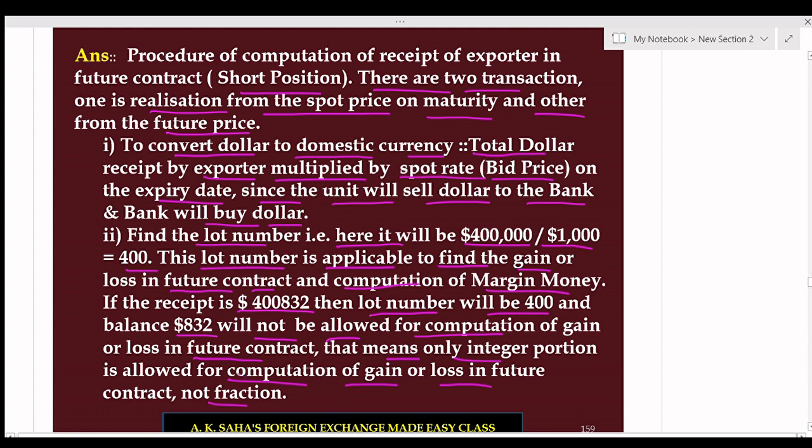This is the main drawback in comparison to forward contract. In forward contract, any quantity is allowed, but here only the integer portion is allowed for computation of gain or loss in future contract.